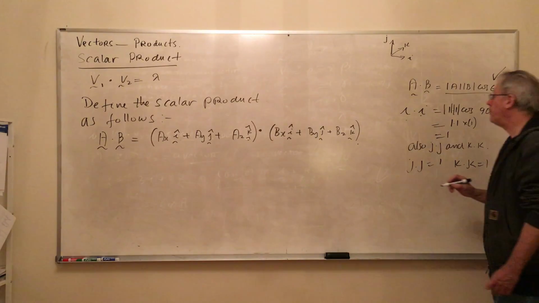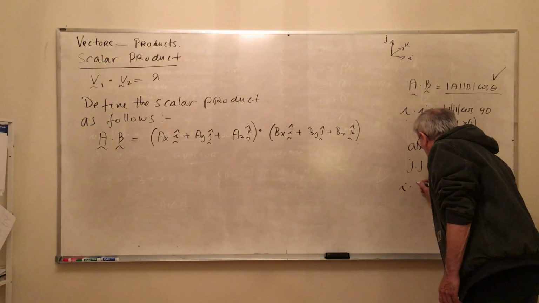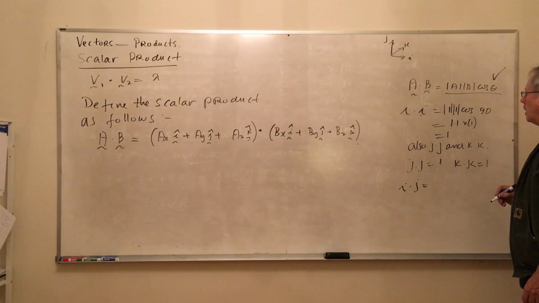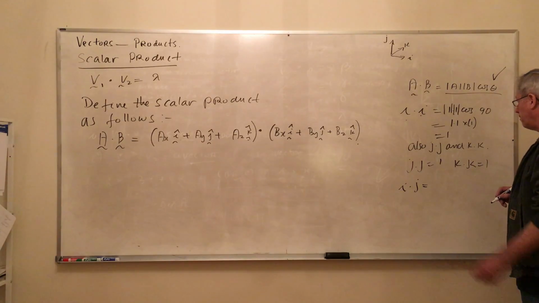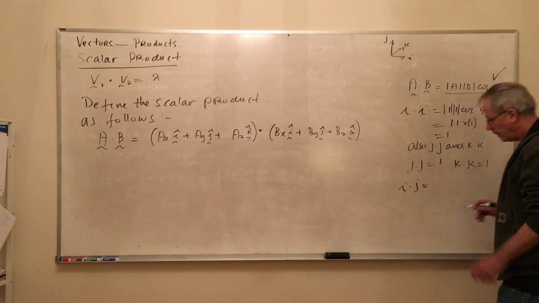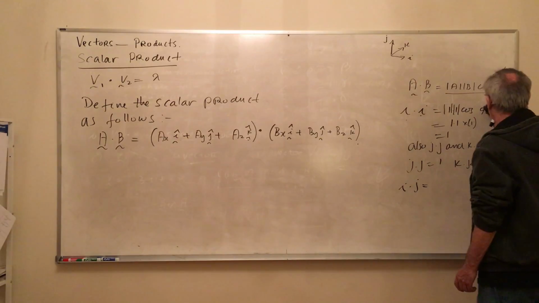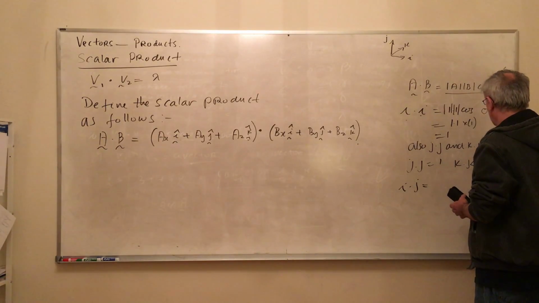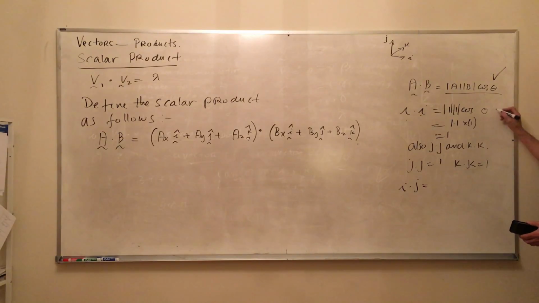However, here's something. I'm terribly sorry. I made a mistake. It's cosine of 0. The cosine of 0 is 1.